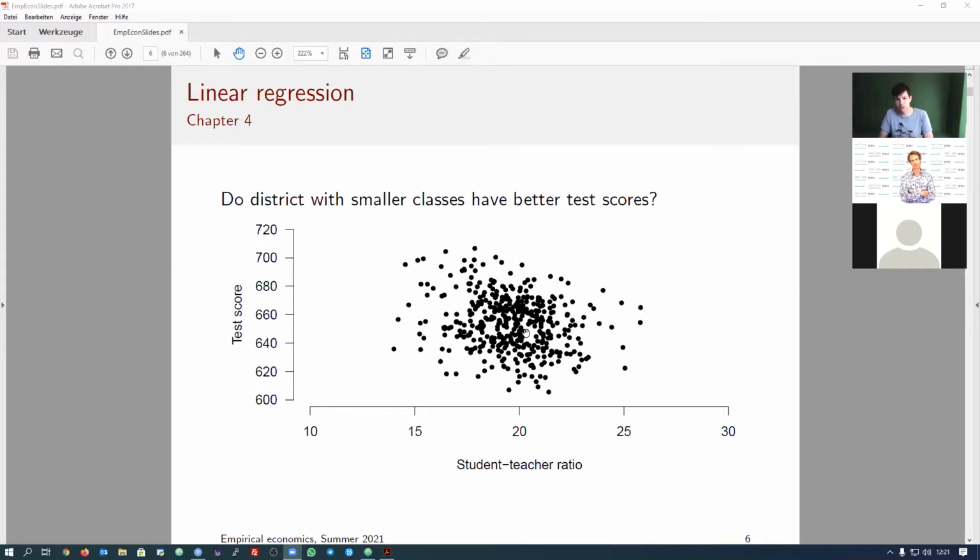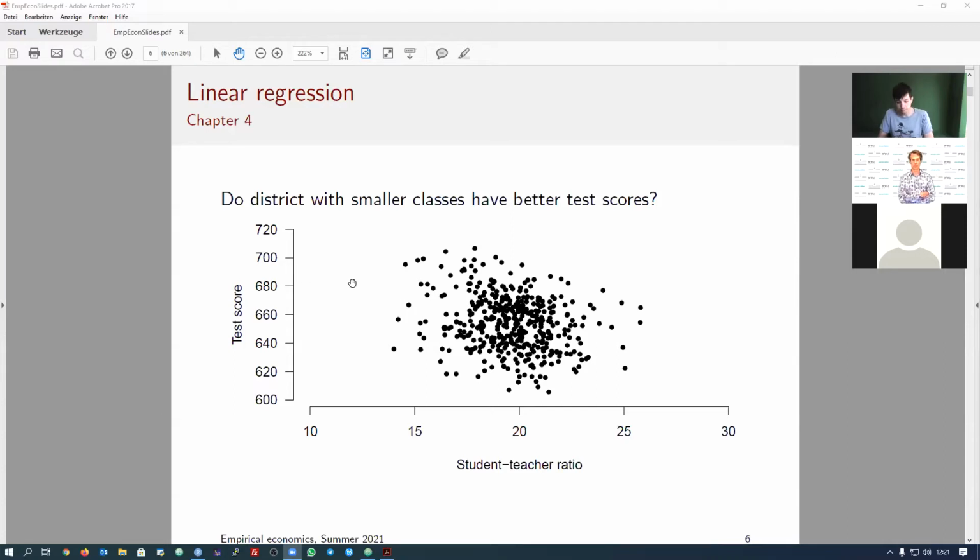If you close an eye and get a bit back from your screen, you might conclude that if we want to draw a line through this cloud, it should have a slightly negative slope and some intercept roughly around maybe 700 or so.